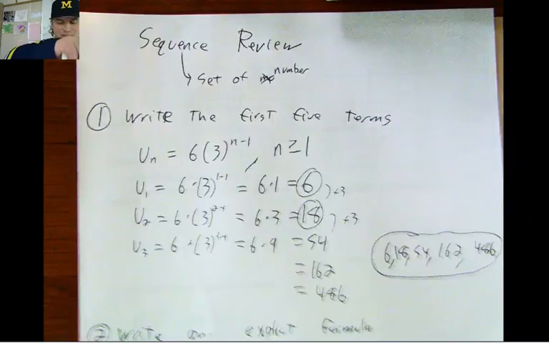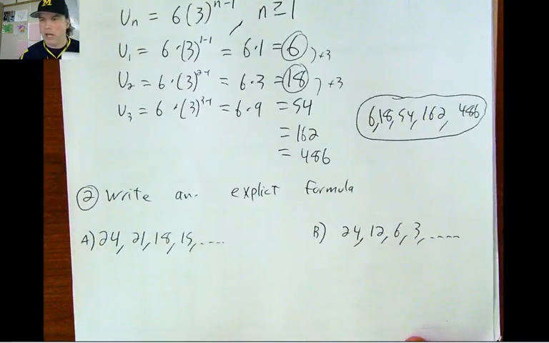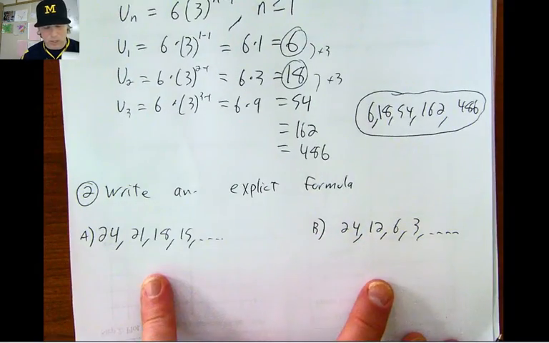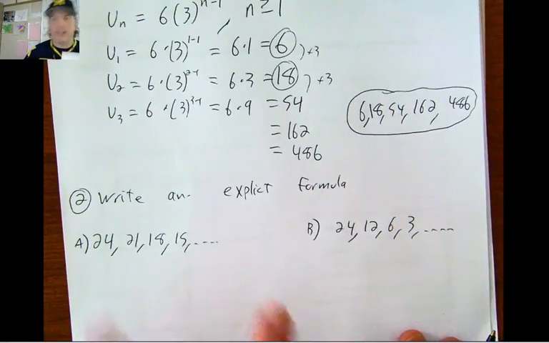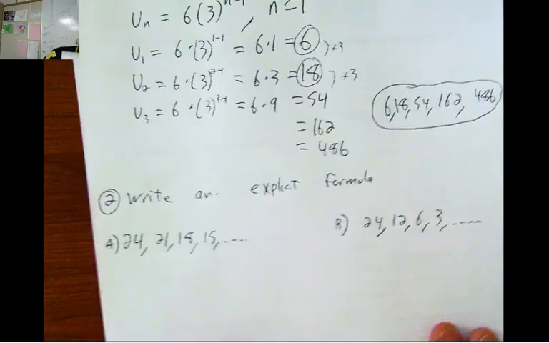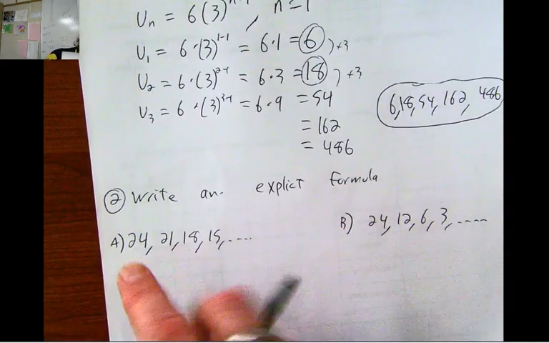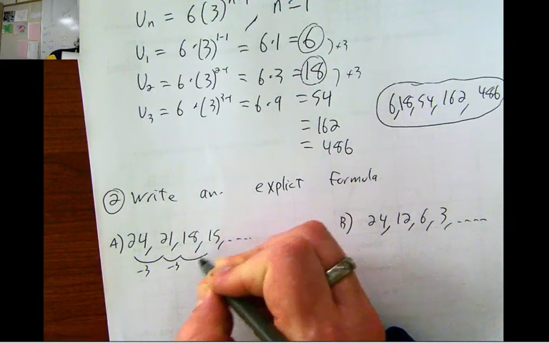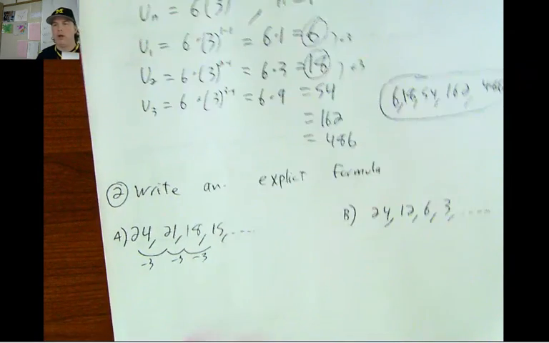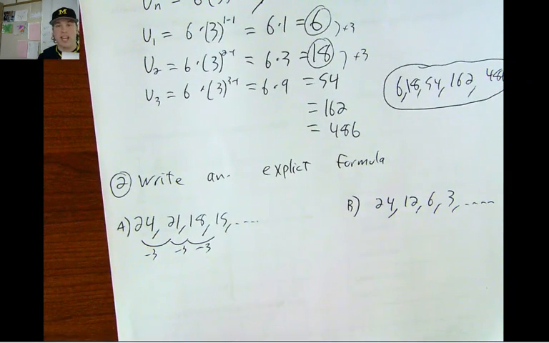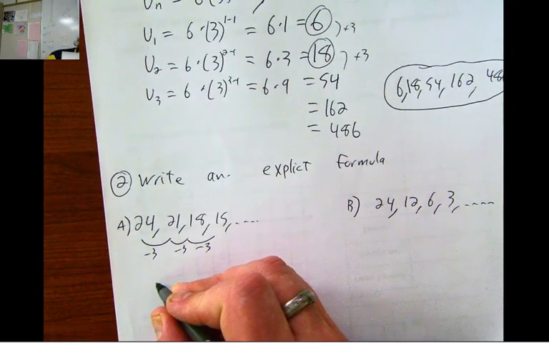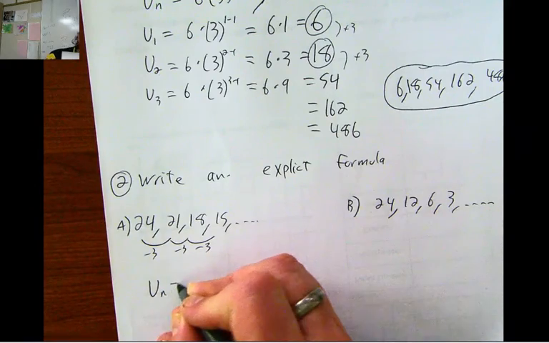Then we have backwards problems where they give us a sequence and we need to write an explicit formula. This one, we're subtracting 3 to get from number to number, which means this is an arithmetic sequence, which means slope.